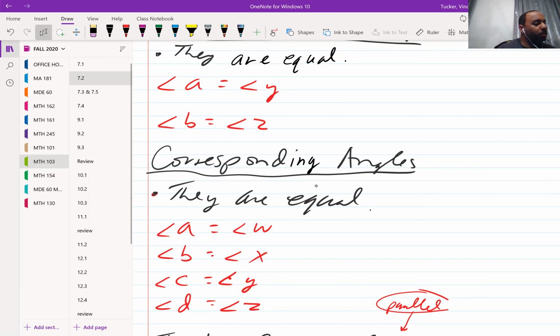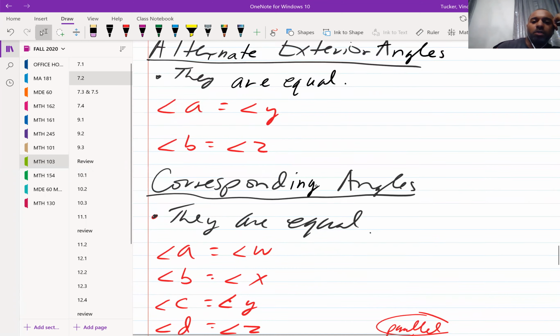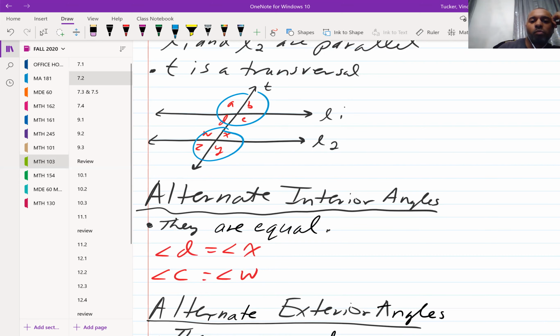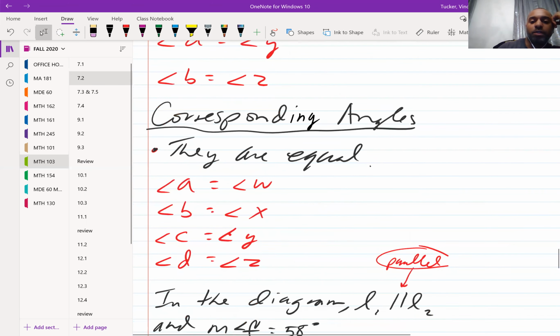AW, BX, CY, and D and Z. And so if I go back here, this cluster is equal to this cluster. A is equal to W, B is equal to X, D is equal to Z, and C is equal to Y. So they correspond to each other.